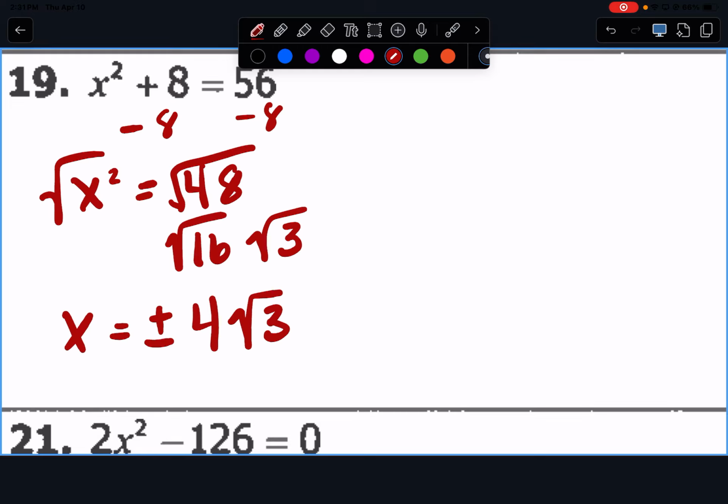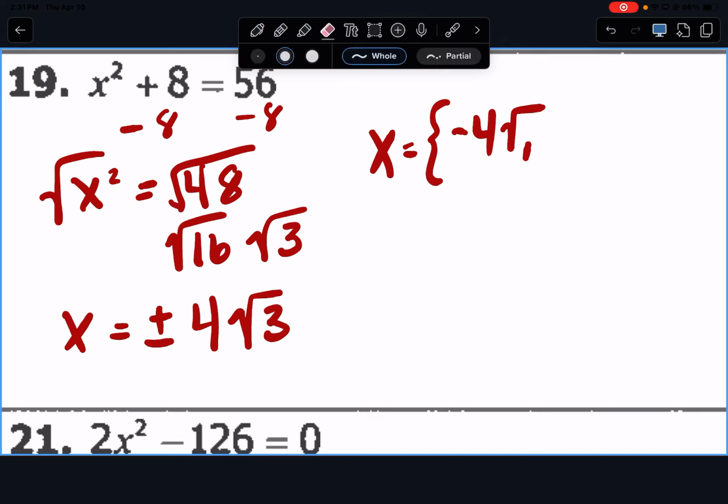Because again, we can't do anything with the root 3. So we just kind of leave it there. So we put all that inside squiggly brackets. So your squiggly bracket would say negative 4 root 3, positive 4 root 3.